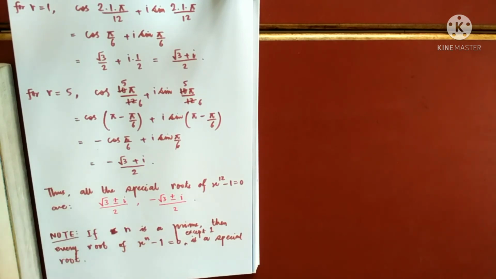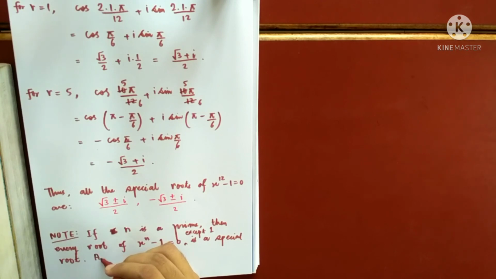Again, this is very obvious by the previous theorem that we did. Why? Because if n is a prime number, every integer less than n will be prime to n. Except 1 cannot be a special root definitely, because 1 is the root of x minus 1 equals 0. So except 1, every root of this equation will be a special root.